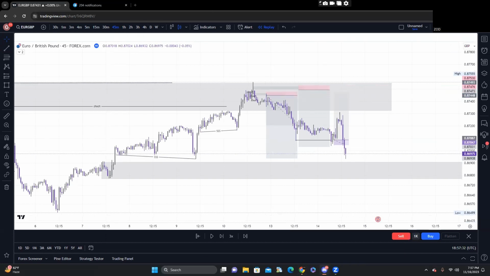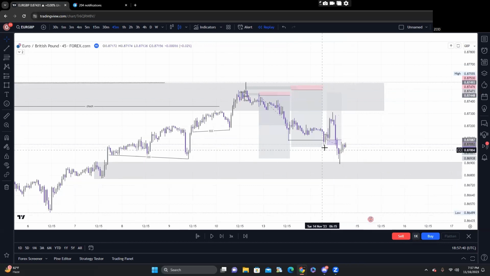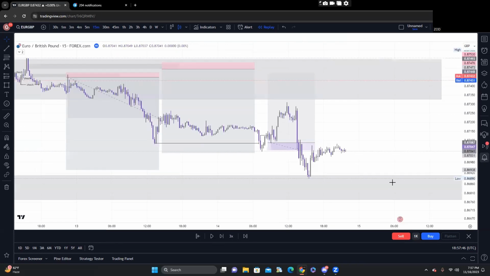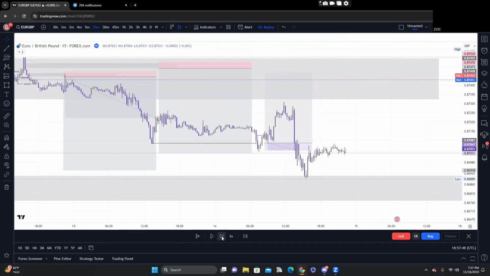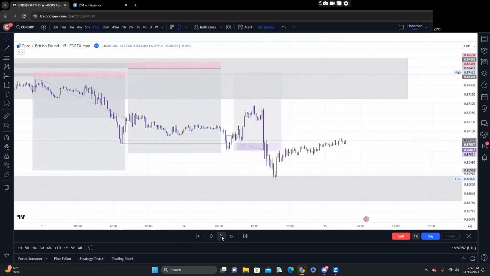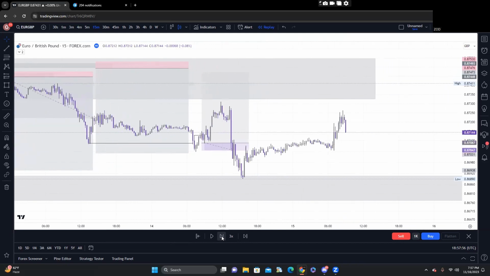We see that price tapped into this area very swiftly and gave us a very good and perfect entry. So that was our entry all along right here.